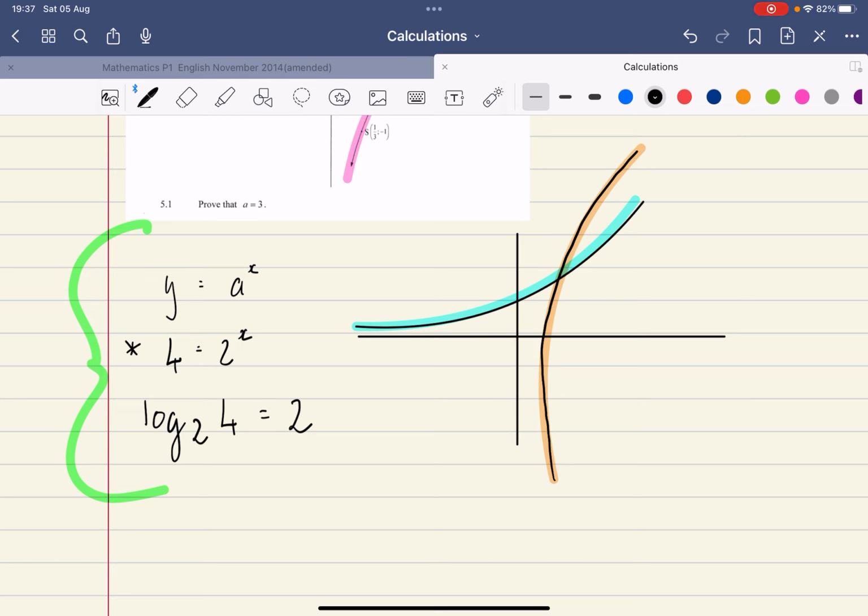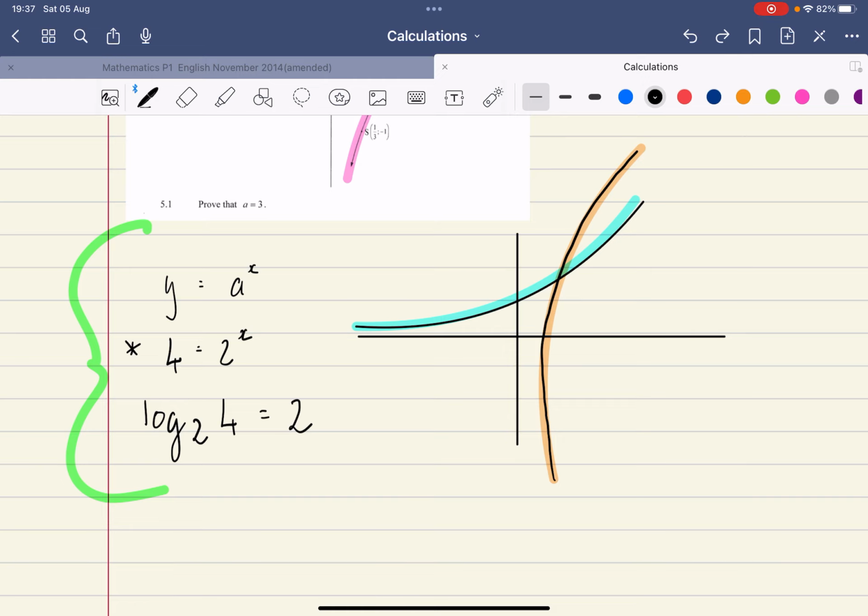So it always runs like this. So it will always go, here's the exponential, and the log of that exponential will always look like this. So the asymptote is here for the exponential, and the asymptote is here for the log.